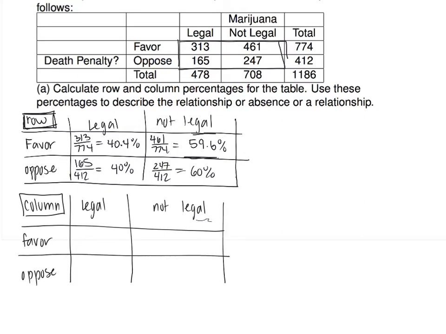Okay, so of those who think marijuana should be legal, 313 out of 478, which is about 65.5%, favor the death penalty, and 165 out of that 478, which is 34.5%, oppose the death penalty. So that's how those people who think marijuana should be legal feel about the death penalty.